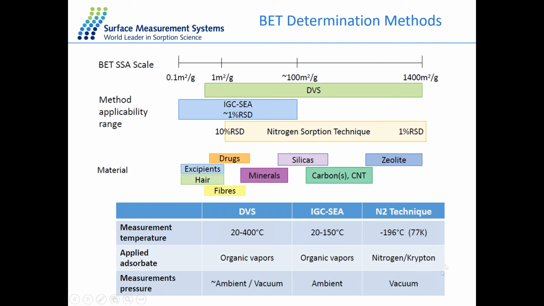With the nitrogen adsorption technique, you are limited to using nitrogen or even krypton. However, with both the DVS and the IGC SEA, we can use organic vapors. Also, with the nitrogen technique, we are limited to only using experimental conditions under vacuum, and with the DVS and IGC, we can run this at ambient temperatures. With the DVS, we can also run this at vacuum as well, if necessary.